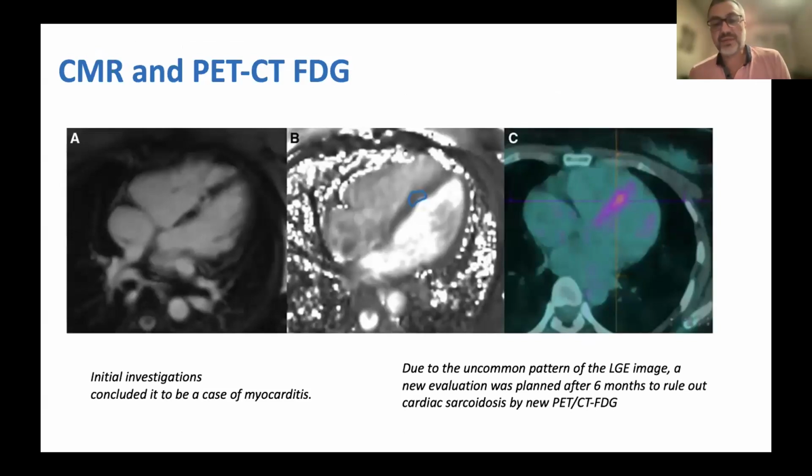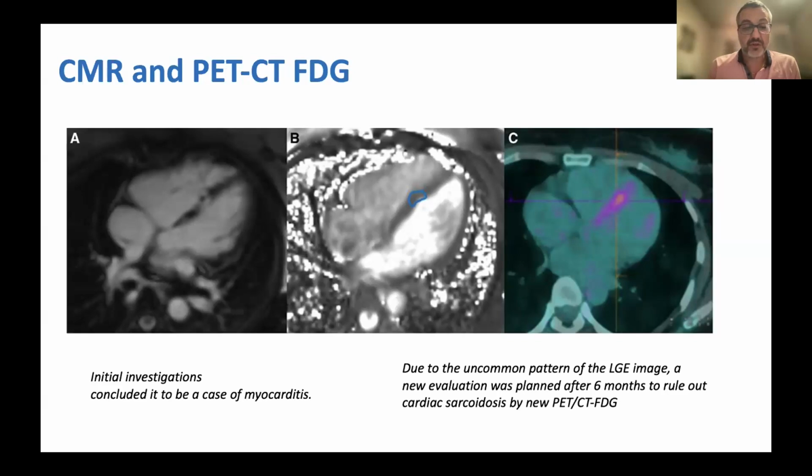That is really interesting because we decided to perform a PET-CT FDG, and we found exactly the same abnormal area with inflammatory or abnormal uptake of FDG, without any other abnormal site in the body of the patient.